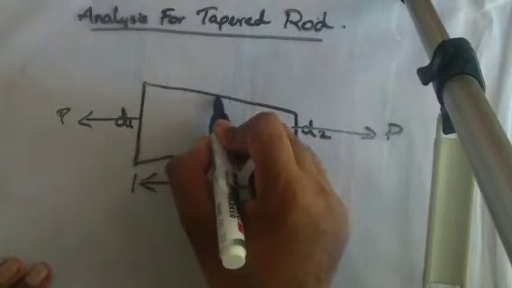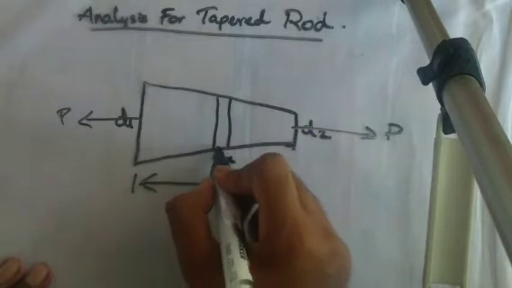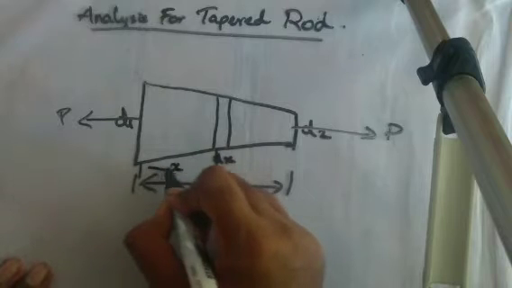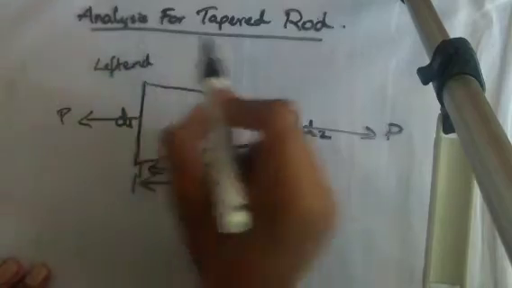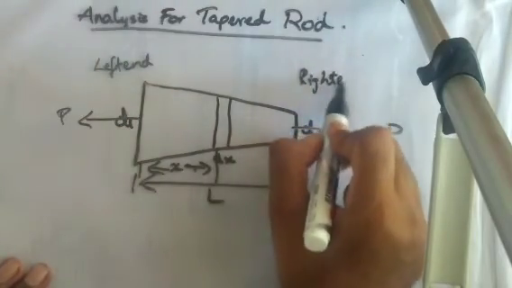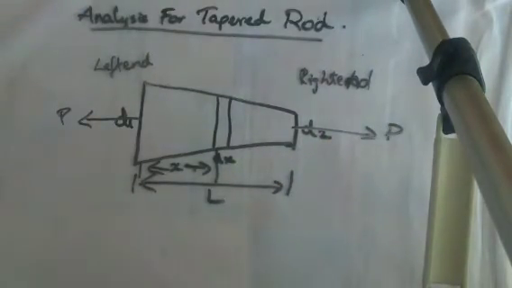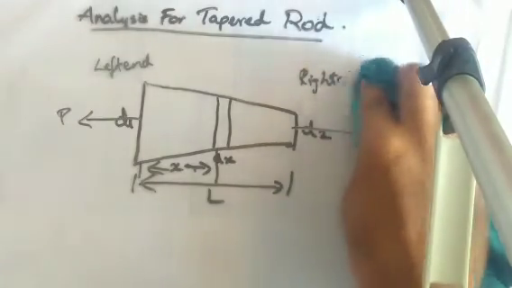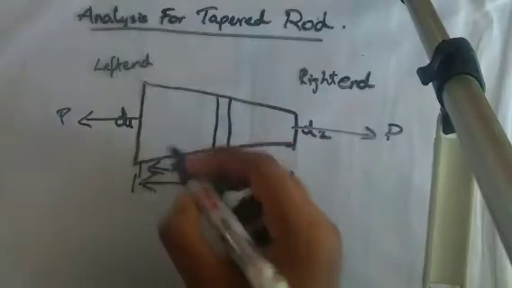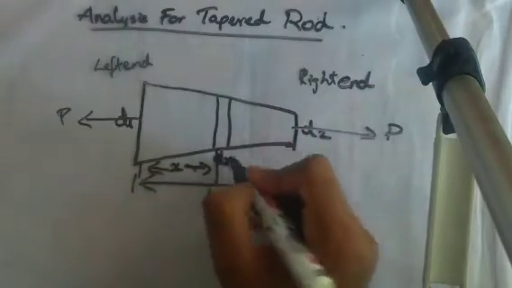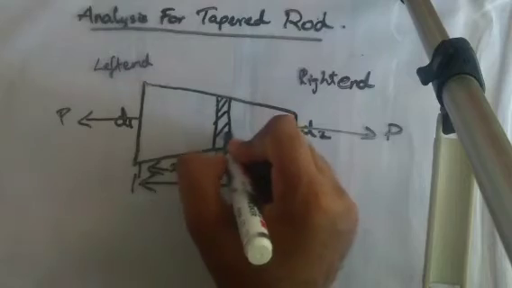We'll consider a small section dx at a distance of x from the left end. This is the left end and this is the right end. Let this be x.